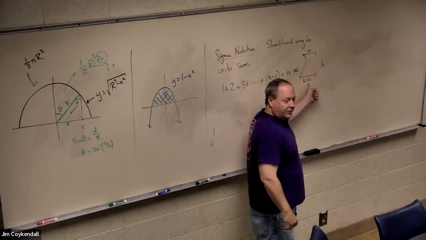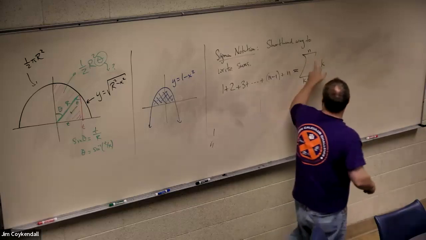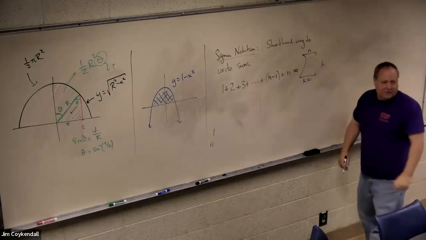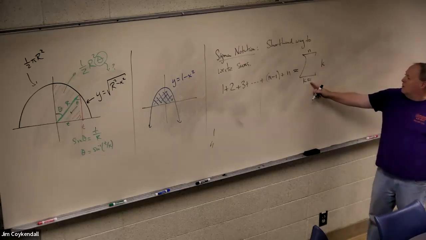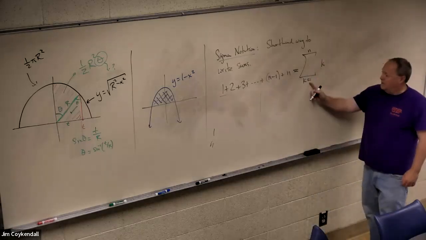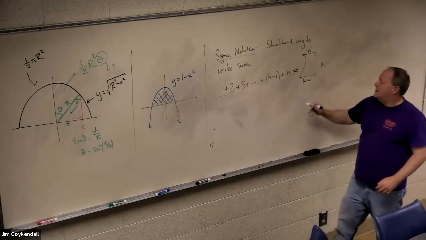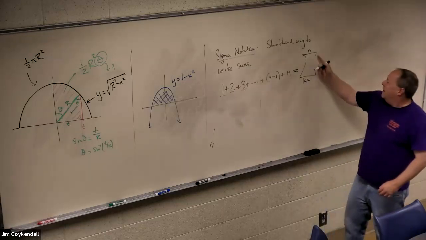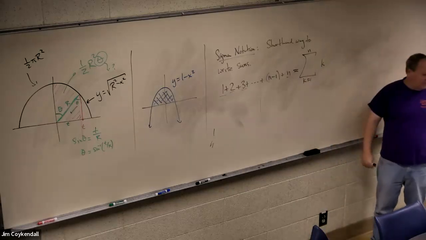This starts at 1 and it goes to n, counting up all the time. k equals 1 to n, and the sigma notation means add it up. So when you start at k equals 1, you get 1. Plus, then you're at k equals 2, add it up, and k equals 3, add it up, all the way up to n. So this is a shorthand way of writing it.